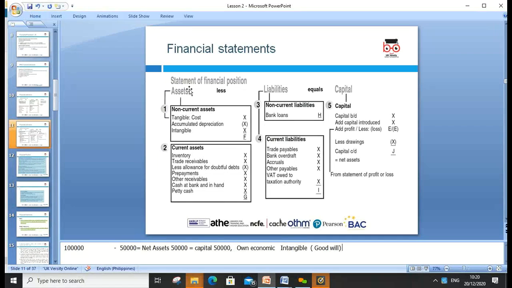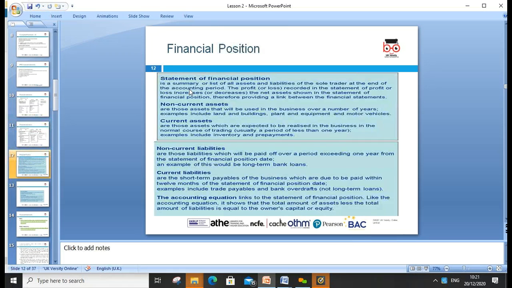Then capital means investment: last year's capital plus any capital we introduce, such as issuing more shares, plus the profit or loss for this year, less drawings. Drawings are anything you draw from the business for personal use. All these terms are explained here, so please read these slides.